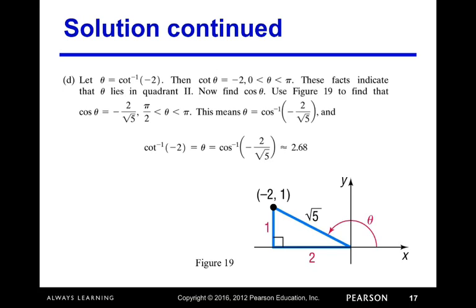Negative 2 will be in the second quadrant. So if we have 1, 2, we have square root of 5 again as our hypotenuse. Our cosine, though, is 2 over the square root of 5. Negative, remember that 2 is negative. So we look for the inverse cosine of negative 2 over the square root of 5, which will be 2.68. So with cotangent, change it to cosine. You're going to have to use your triangle trig to do that.